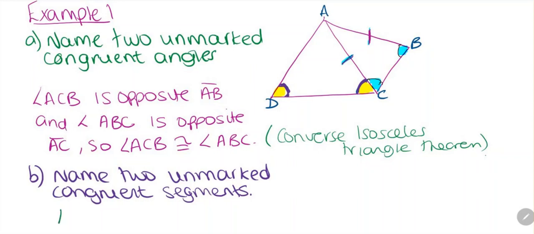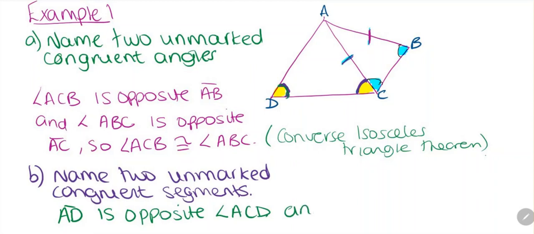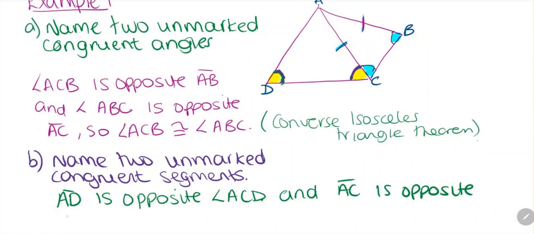So AD is opposite angle ACD. So here AD is opposite ACD, and AC is opposite angle ADC.